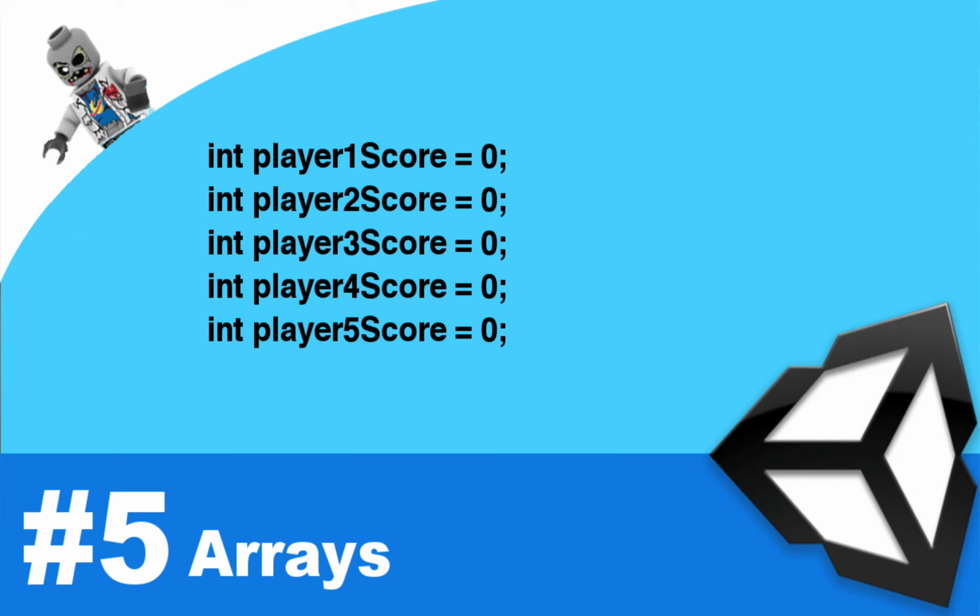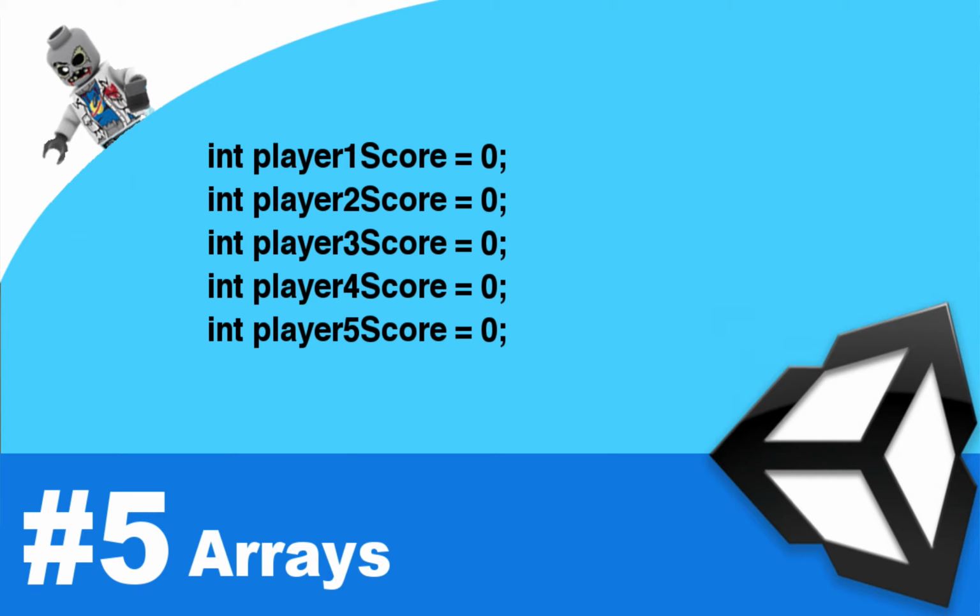But this approach is somewhat inflexible, because eventually players may drop in, players may drop out, or you may want to limit the amount of players further down the road. And when you do that, you're going to have to go back to your code and change these variables. In fact, if you're going back to your code months down the line, you may not even understand what these variables are meant to do.